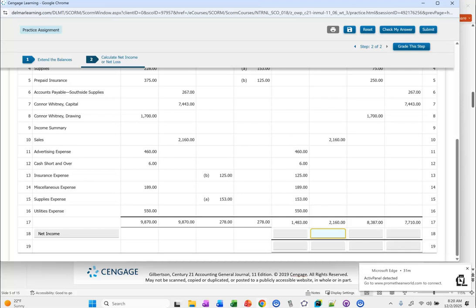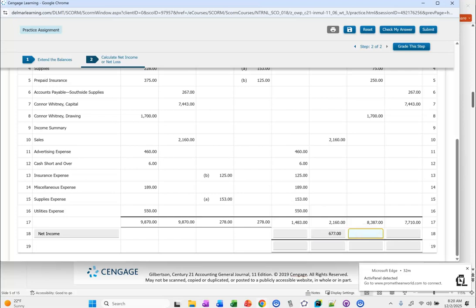Somebody with their calculator want to punch that for us? 2160 minus 1483. 677. 677. Okay. And then we bring that through to what other spot? Where else do we take that to? Credit on the balance sheet.